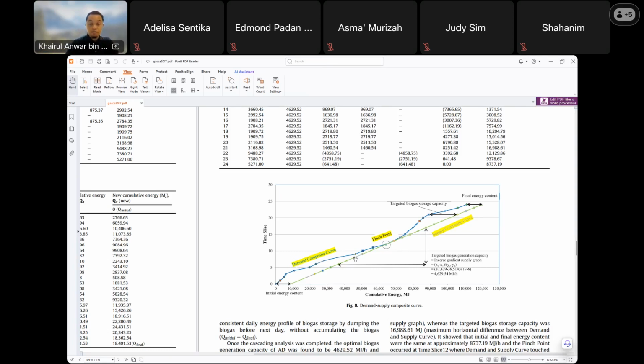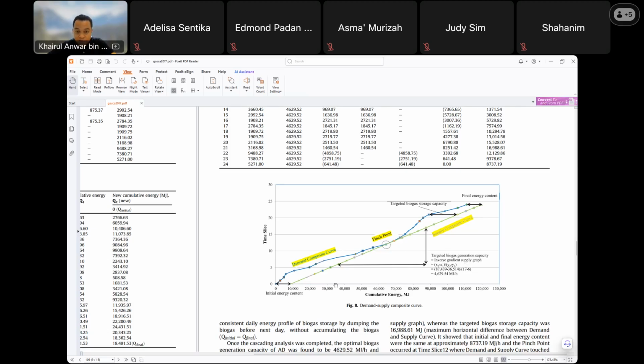Okay. So targeted gas generation capacity equal to inverse gradient of supply graph equal to 469.54 megajoule per hour. So this value is actually GT.